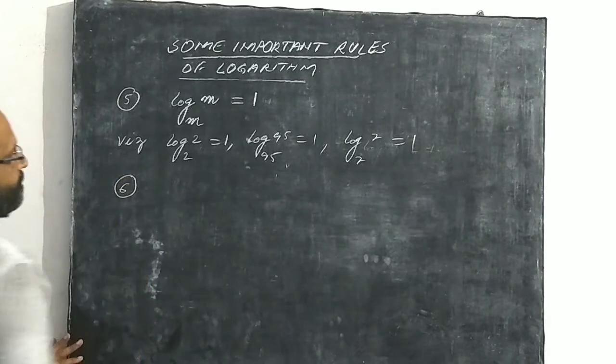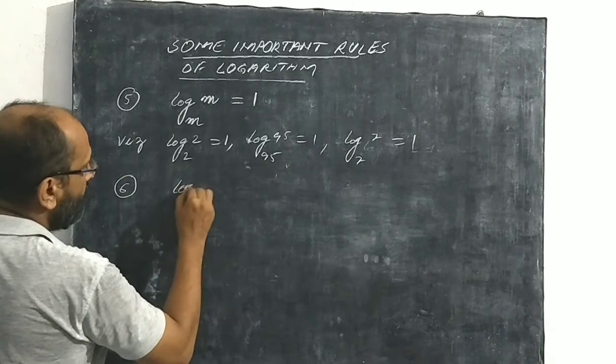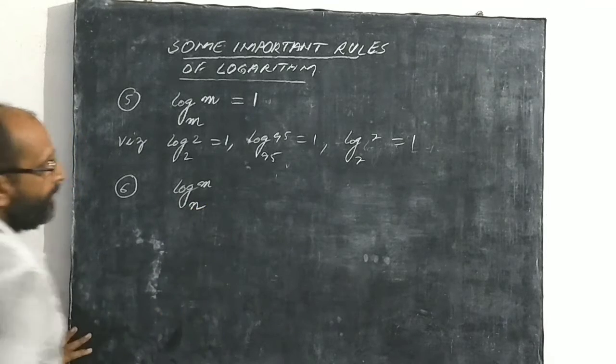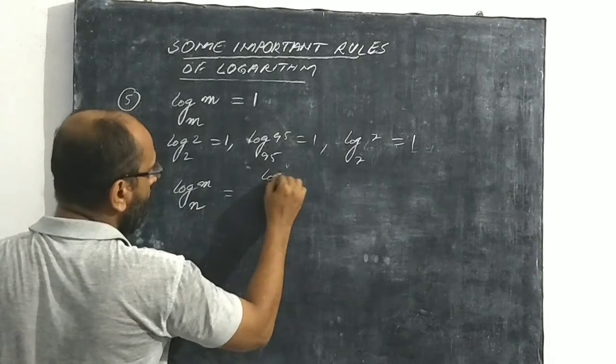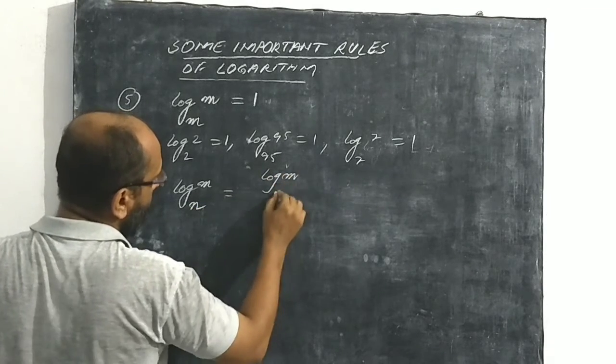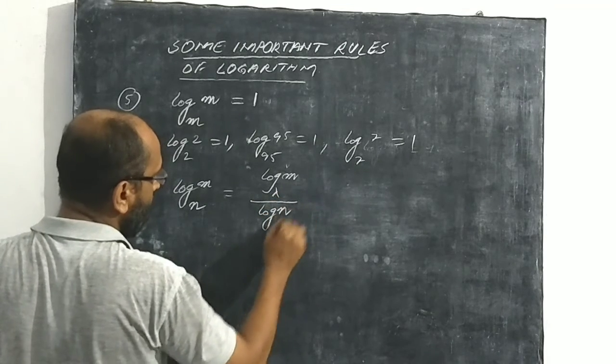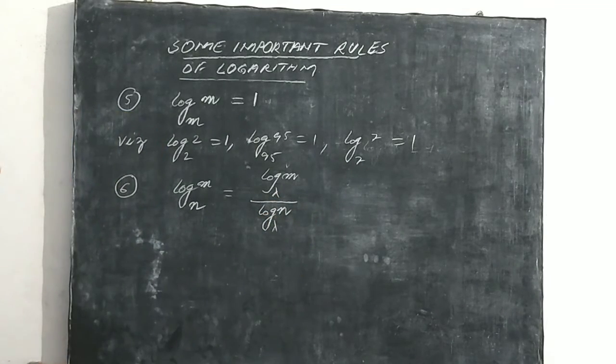Sixth law, log m base n may be written as log m base lambda upon log n base lambda. What does it mean?